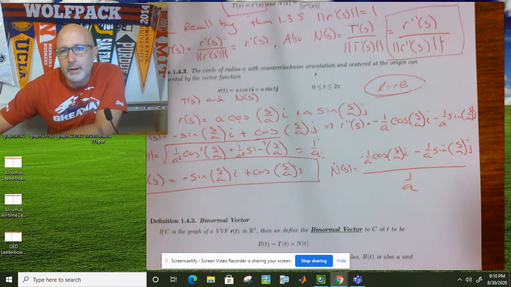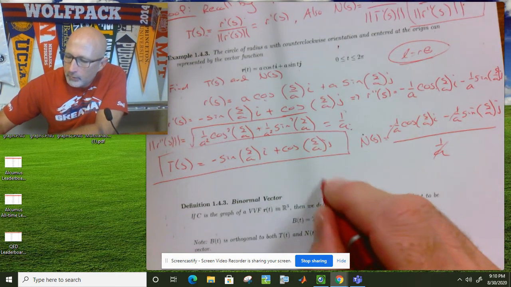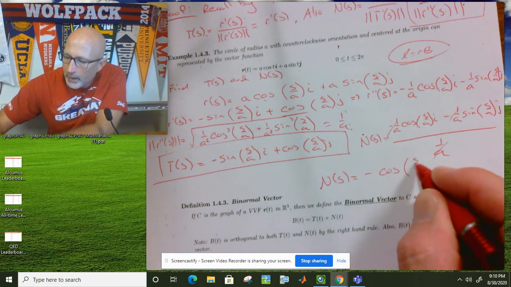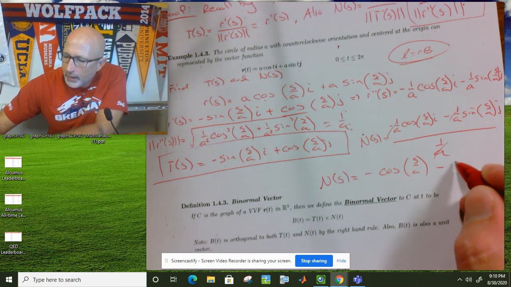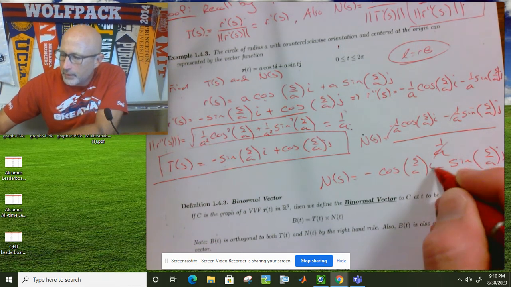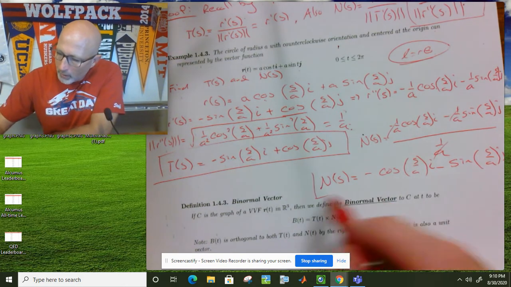Once again, everything cancels, cancel, cancel. The negatives are still there. So N of s is equal to negative cosine of s all over a i minus sine of s all over a j. And there we are.